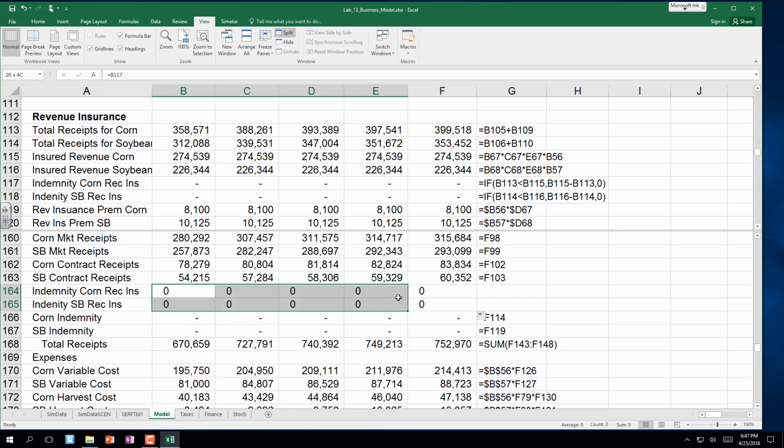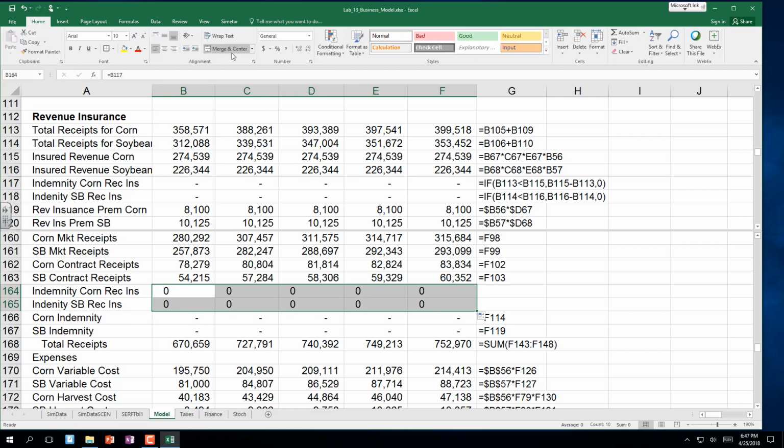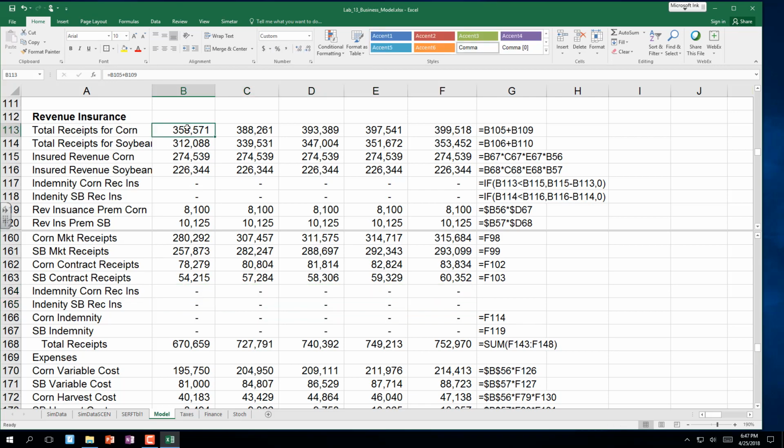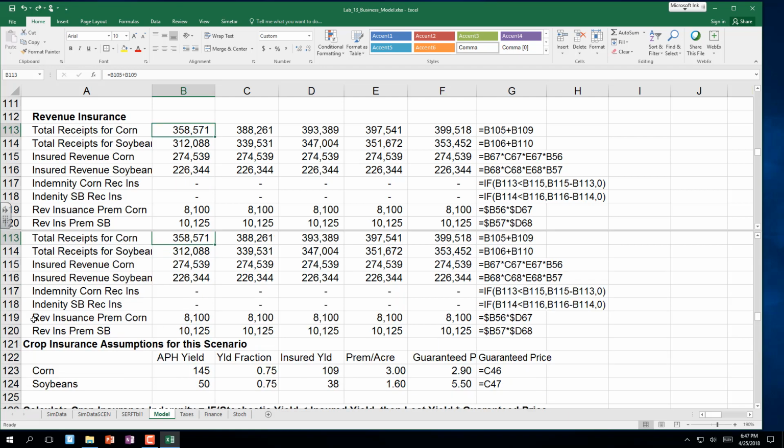And then I need to reformat it because it comes in as zeros, and I really want it to be thousands of numbers. Okay? And then I'm going to make sure that that came down, but I'm going to type in a 0 for my total receipts for corn in that first year. Yep, it came down here. I got calculated here and it came back here. And I can do a Command Z and put that back in.